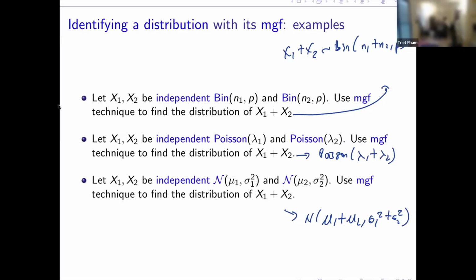Meaning that if you sum two uniforms, you will not get a uniform. If you sum two geometrics, you get a negative binomial, things like that. So the distribution changes. Here we have a closure property: you sum two distributions and you still stay in the same family. And that's what's special. We will establish this by the moment generating function technique. Any question?